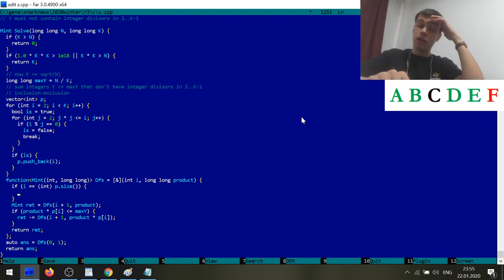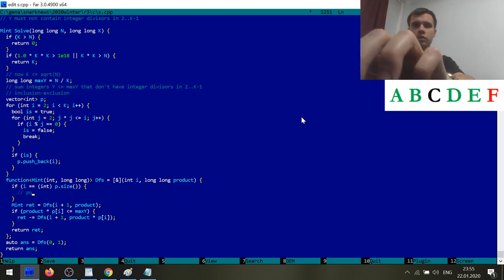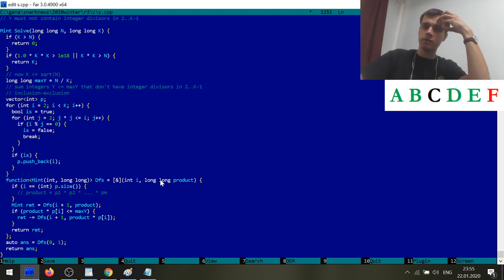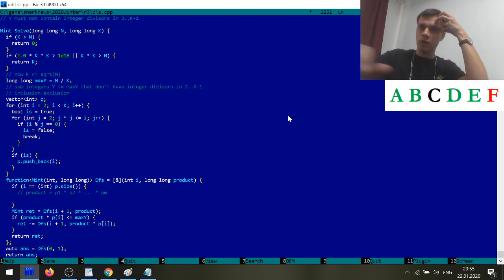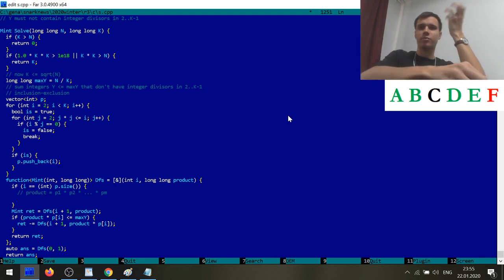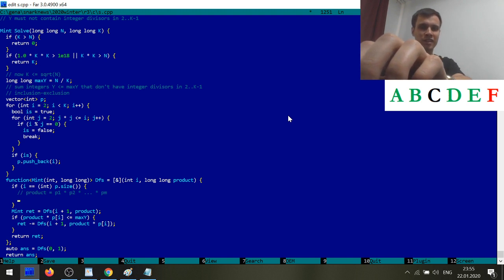Okay. And then here, at this point, product is a product of some primes. So I have some primes here, and I have to return the sum of integers divisible by this product and not exceeding max y. So the number of such integers is max y divided by product.